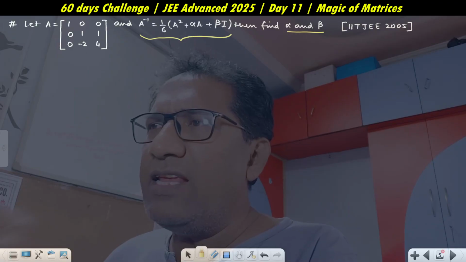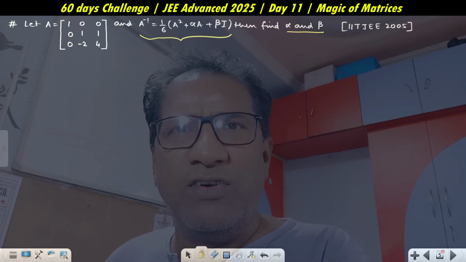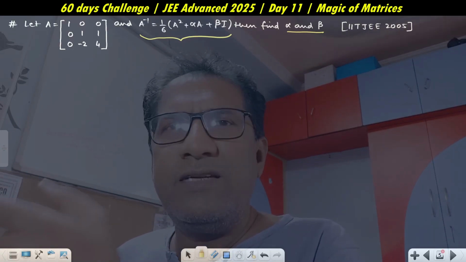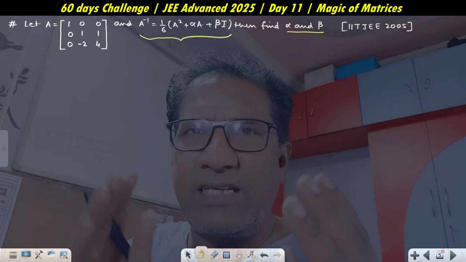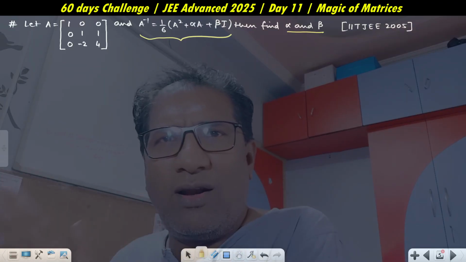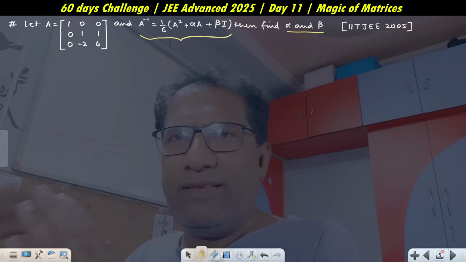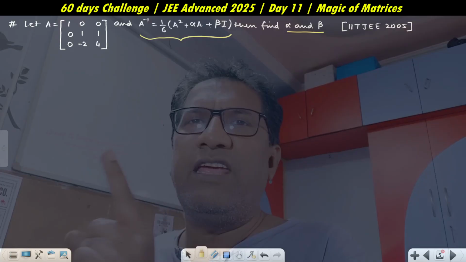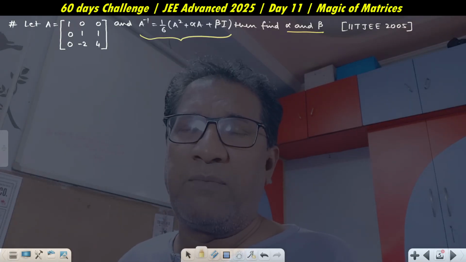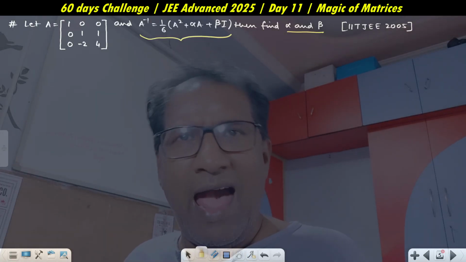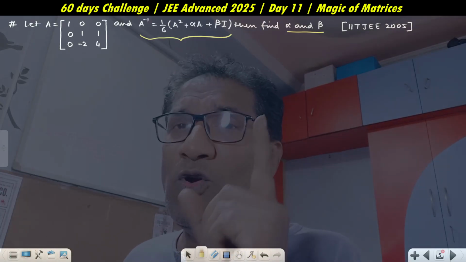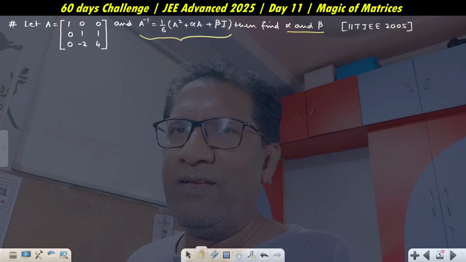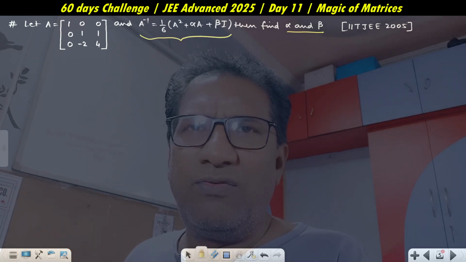Because he has to find A inverse, he has to find A square, and then he will write A inverse on one side and all other things on the right hand side. Then he will add it and compare to get the values of alpha and beta. Hectic work, and it will take a long time to solve this sum. But for one who knows the characteristic equation, this problem can be solved within a minute.